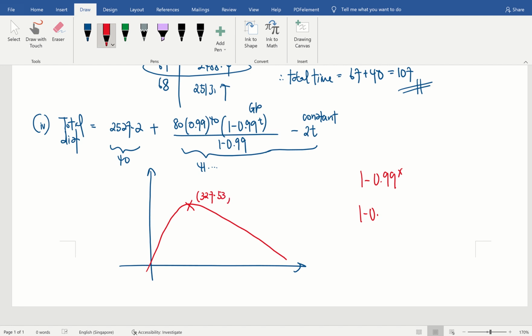Okay, what's the distance? 7024. Yeah, correct. Anyway, they want it to the nearest minute, so it's going to be 328, yes.